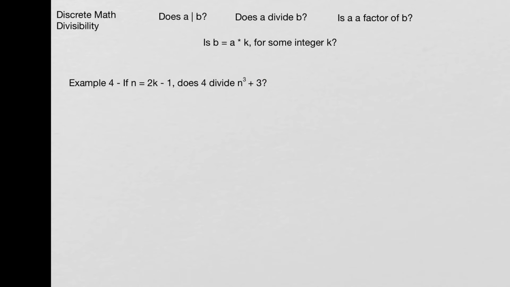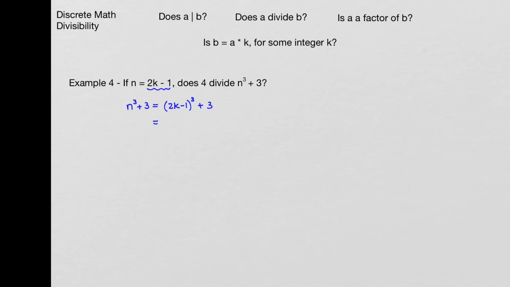I'll use algebra and substitution here. I'm going to say that n cubed plus 3 equals, well, we know that n is 2k minus 1, so I'll substitute in the 2k minus 1 here, plus 3.